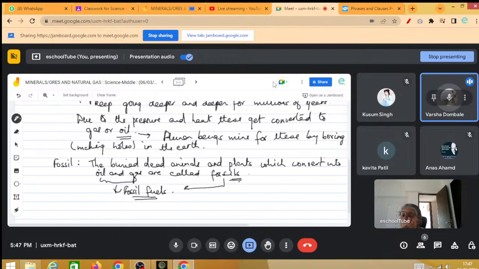Fossil means the buried dead animals and plants. When they get converted into gas or liquid, they are called fossil fuels.